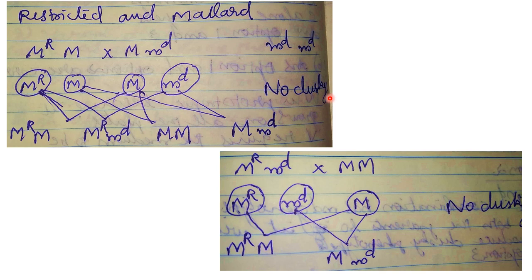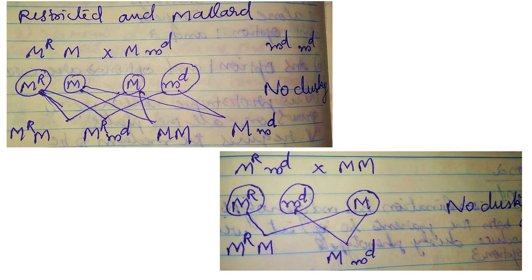So there is no dusky phenotype upon crossing these two parents. So these two parents could be one of them. Then coming to the next parent combination, MR, MD into MM. Here also, small md occurs in only one of the parents, not both, so no dusky phenotype.